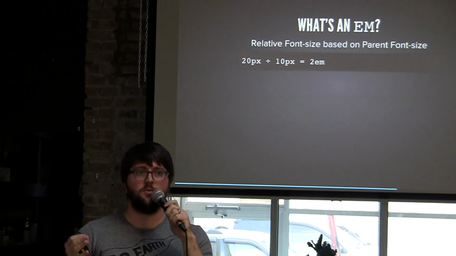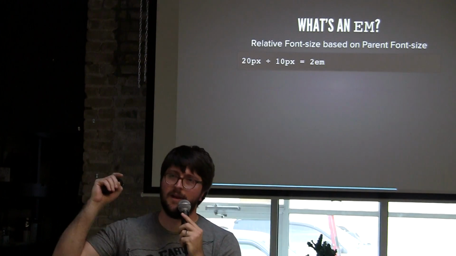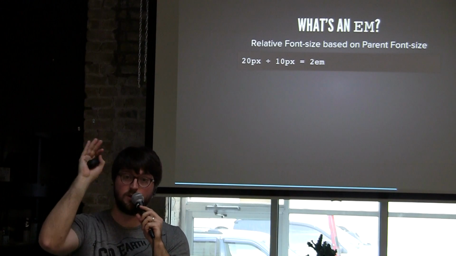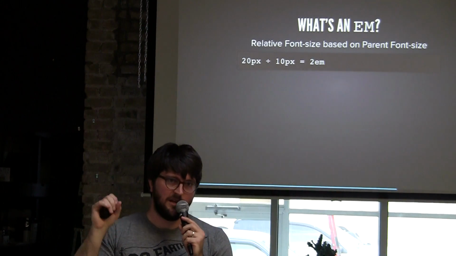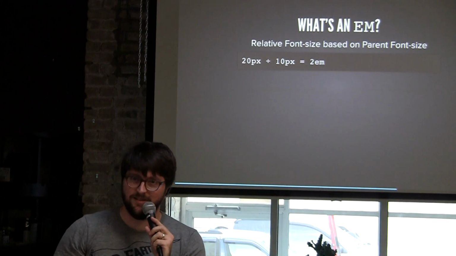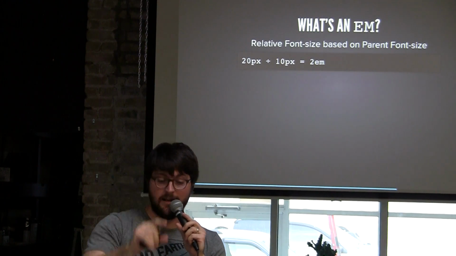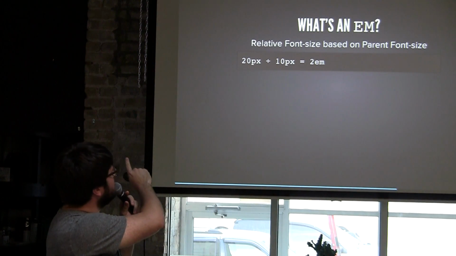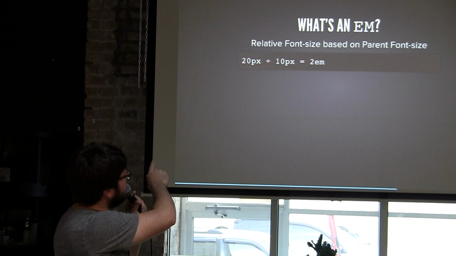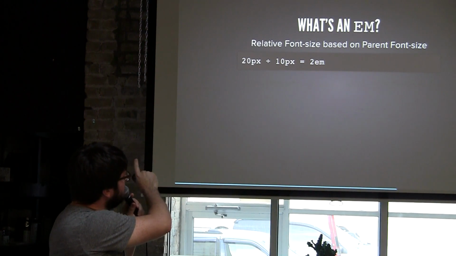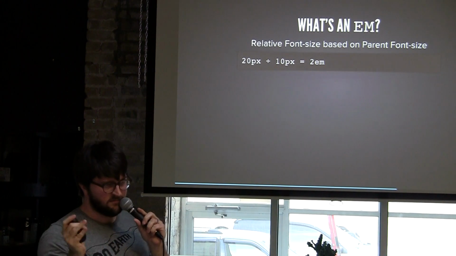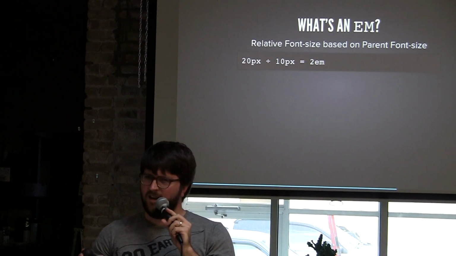Say you want a heading that's 20 pixels, and your body copy is super small, at 10 pixels. You take the heading size divided by the body size, and that would be 2em. Pretty easy, right?